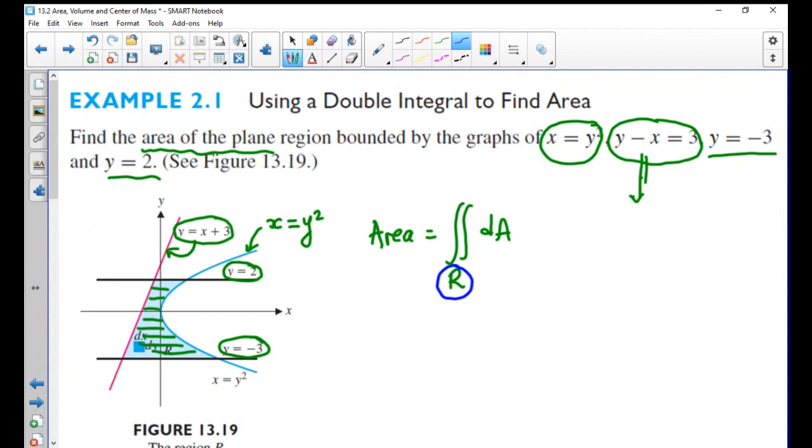So basically, I will find this area first by integrating with respect to x. What is the curve on the left, the line? It's y, but I need to write it as x equals something. So change this: x equals y minus 3.